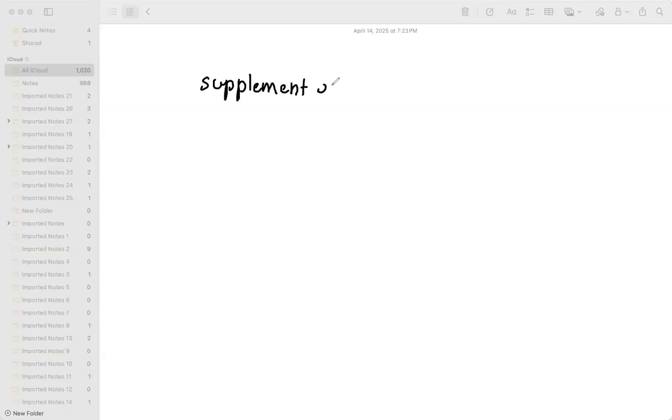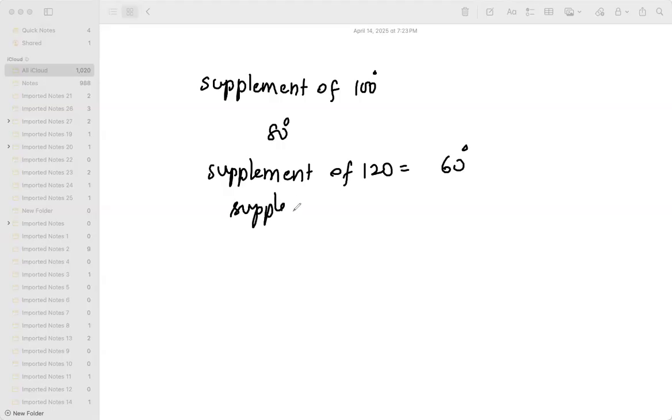What is the supplement of 100, Vihan? 80. What is the supplement of 120? 60. Okay, now question to Shrestha. What is the supplement of 170? 10.